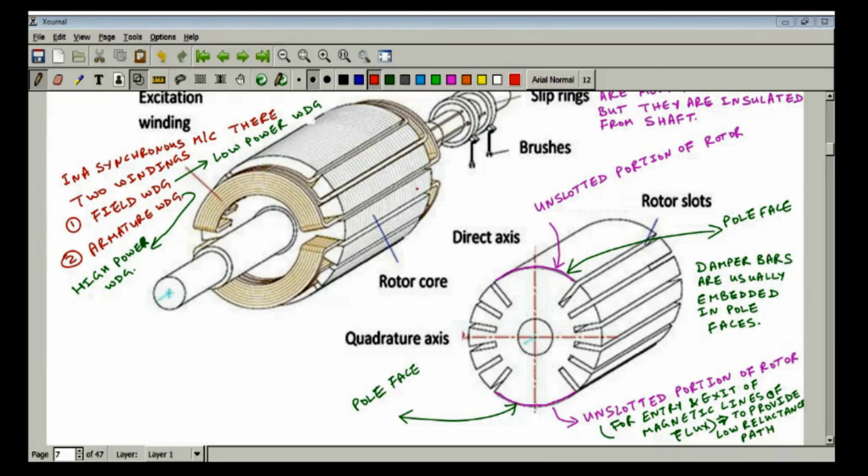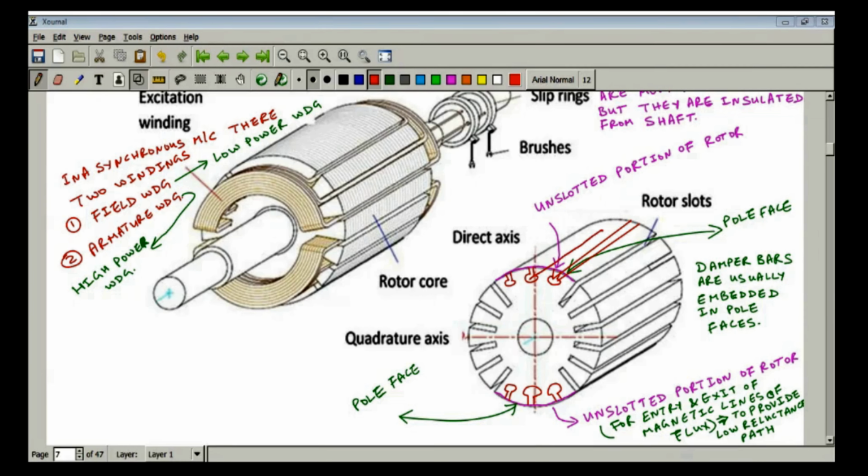So what are the damper bars? This thing can be a damper bar. Likewise, you can expect damper bars over here. So these damper bars are running along these pole faces like this.